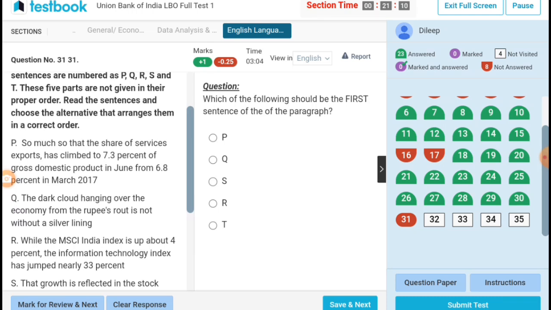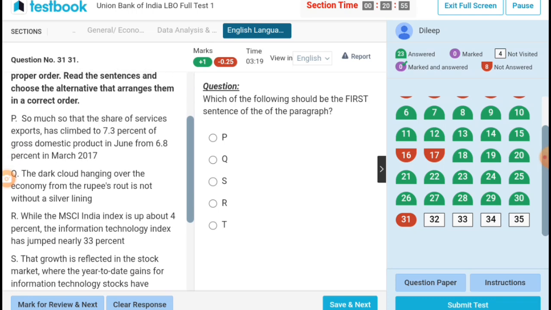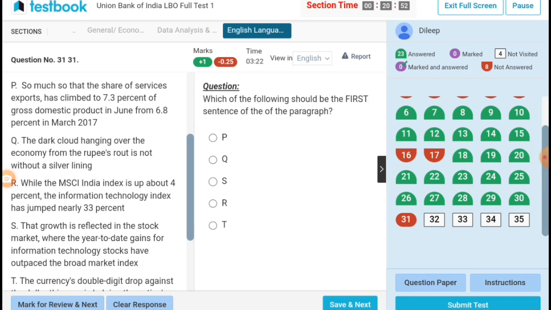As per my view, the dark cloud hanging over the economy from the rupee's note is not without a silver lining. That growth is reflected in the stock market, whereas the year-to-date gains for information technology stocks have outpaced the broad market index. I think QSR.